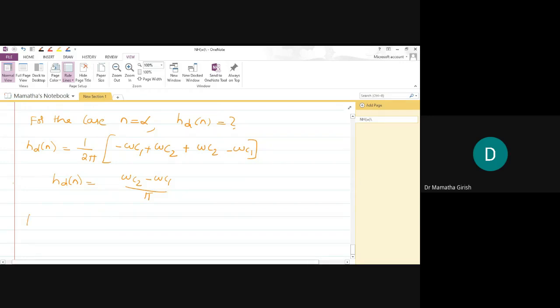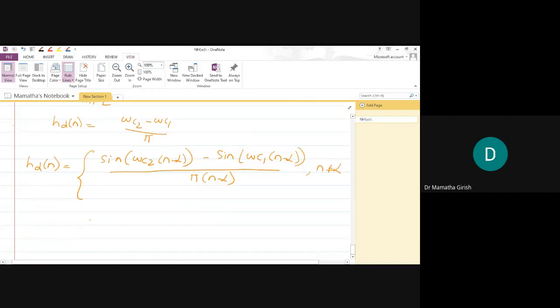That is why the final expression for hd of n can be written as sine of omega c2 times n minus alpha minus sine of omega c1 times n minus alpha, divided by pi times n minus alpha, provided n is not equal to alpha.